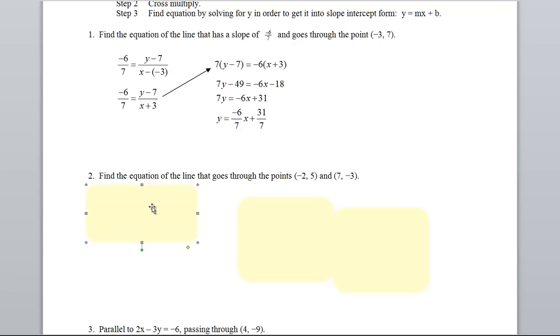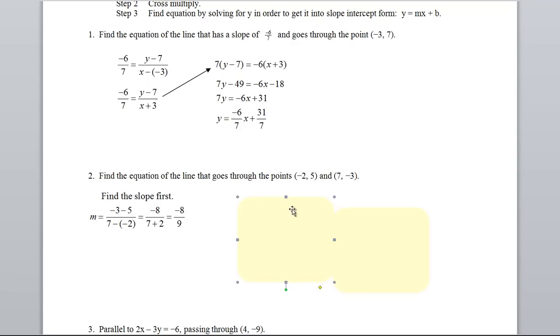So the first thing I'm going to do is go find my slope, and we've done that before. So find slope first, substitute it in, whichever way you want to do it, and you should come up with a negative 8/9. So now I've got my slope. Now which point do I need to use? It doesn't matter. I usually go with the smaller ones myself.